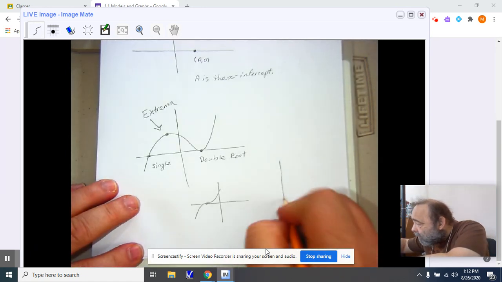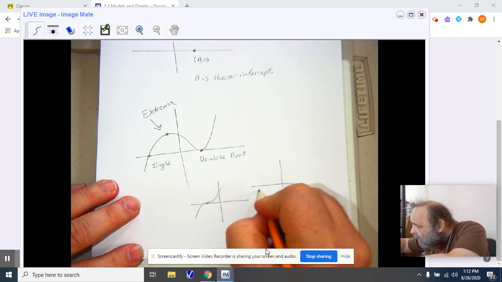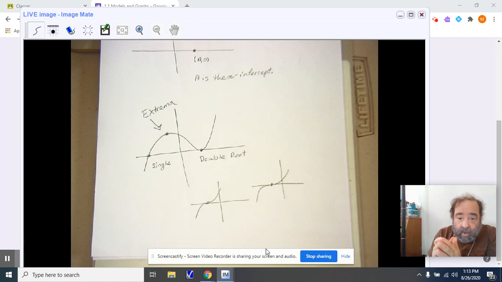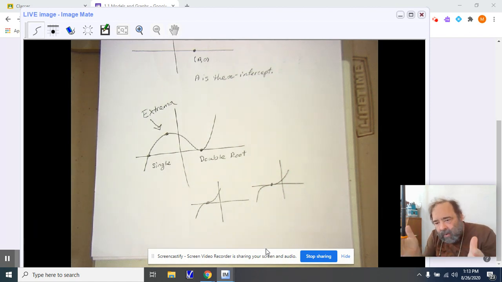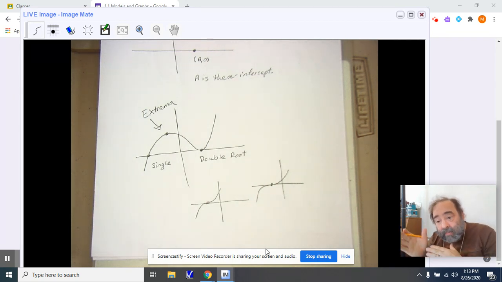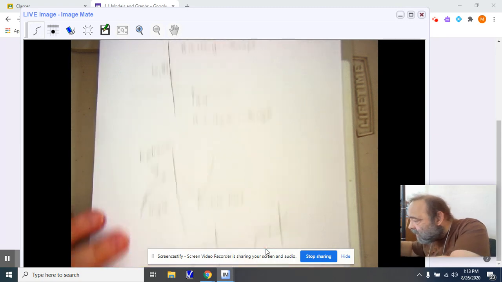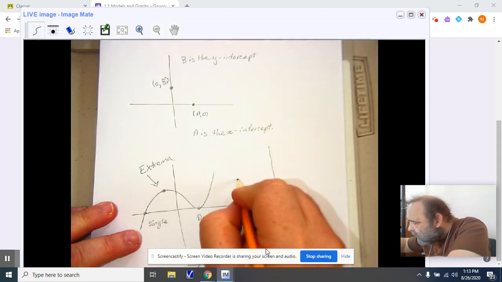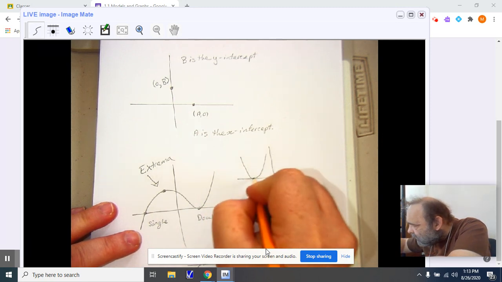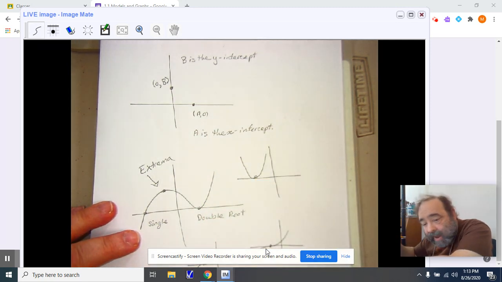A fifth degree polynomial does the same thing, but it has a longer interval where it's close to the x-axis. Okay? So the higher the odd degree, the longer it is going to be closer to the x-axis, but passing through it. For an even degree, such as a quadratic, it just touches and immediately bounces back.